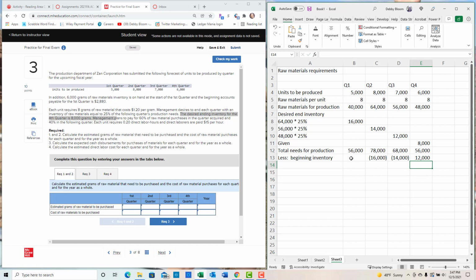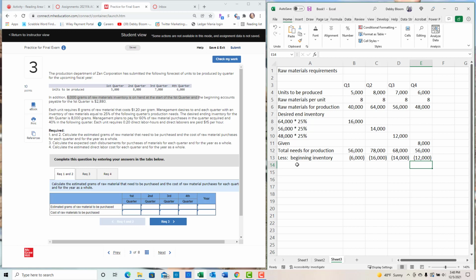So all we need is our beginning inventory as of the beginning of quarter 1. We're told in the problem 6,000 grams are on hand at the start of the 1st quarter. So we subtract the 6,000. That was given right in the problem. So again, for quarter 1, 56 minus 6 would be 50,000. Estimated grams of raw materials to be purchased, 78 minus 16, 68 minus 14, and 56 minus 12. Forgot to put that in as a negative number.